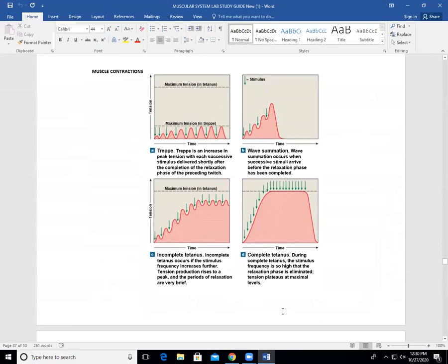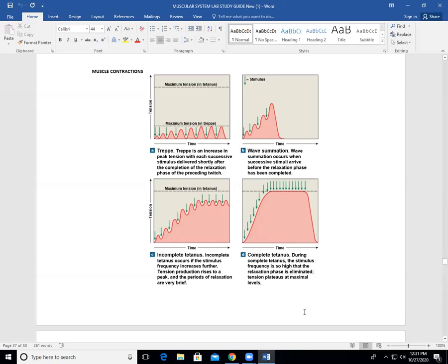All right, so in our lecture, we discussed this as well, but we've got different versions of muscle contractions, okay? So the first pattern we have is Treppe. Okay, so with Treppe, your tension increases with each stimulus that's going to be delivered after completion of the relaxation phase.